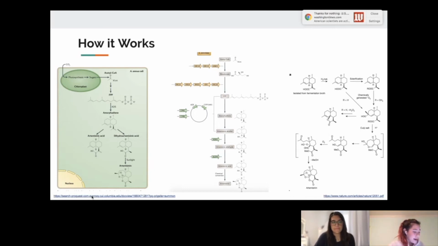So the genes ADS and CYP71AB1 are inserted to convert amorphodiene to artemisinic alcohol, and then ADH1 and ALDH1 are required for conversion to artemisinic acid. As you can see on this diagram, there are two ways that the foreign genes have been incorporated.